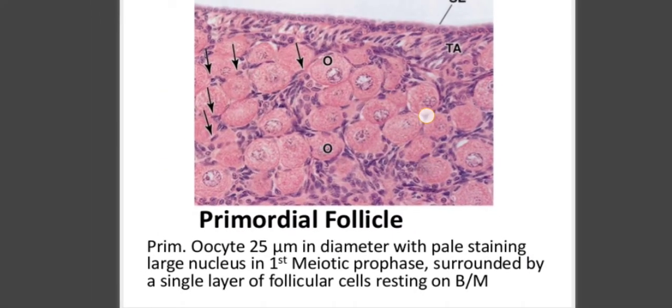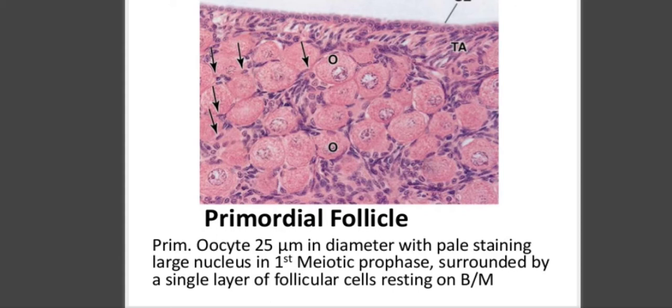Next, this is the diagram of a primordial follicle. The primary oocyte is 25 micrometers in diameter with a pale staining large nucleus in first meiotic prophase, surrounded by a single layer of follicular cells resting on the basement membrane.